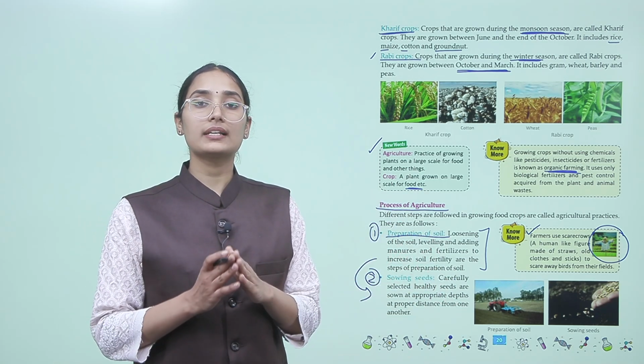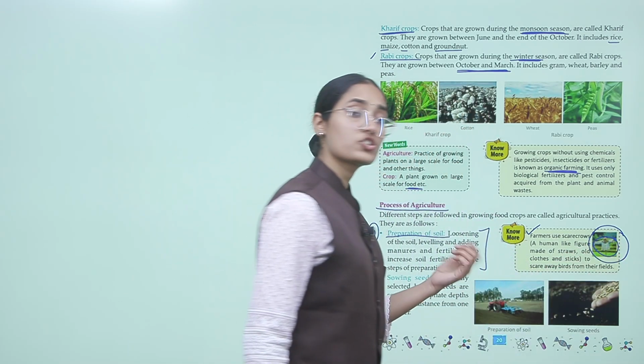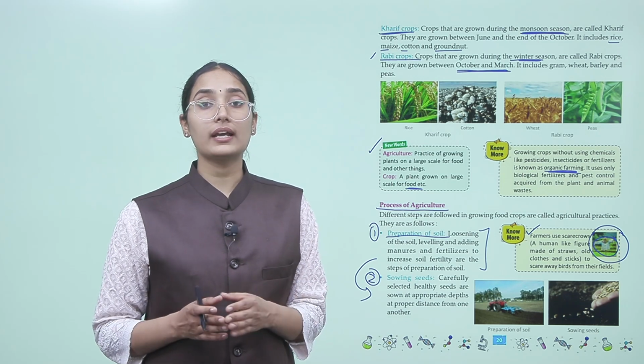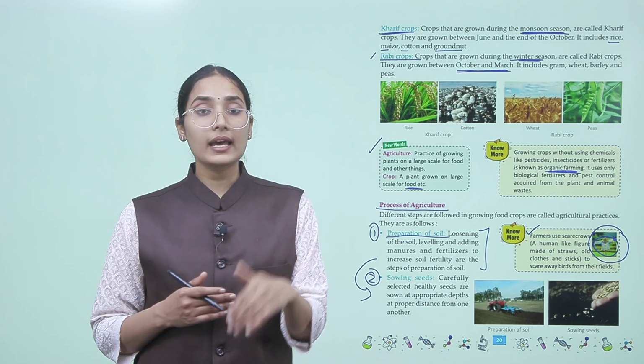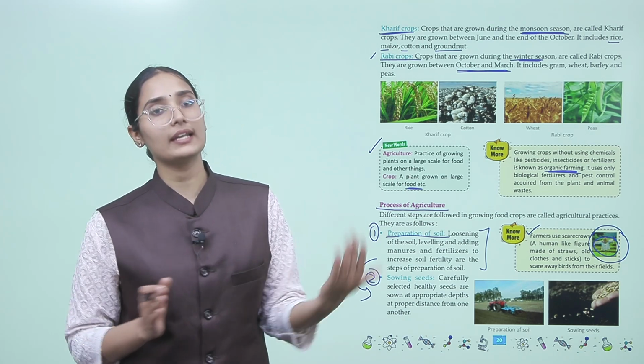Basically it is a structure made up of plants and dead branches, so that they can scare the birds or the animals. Alright, now let's go to the next page.